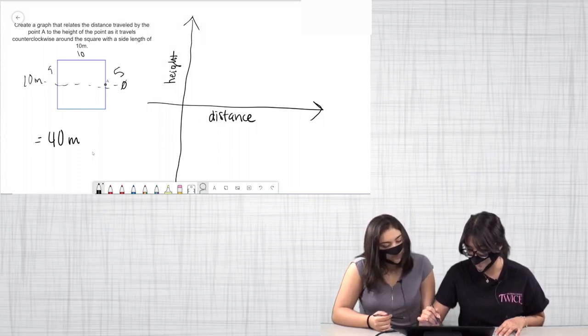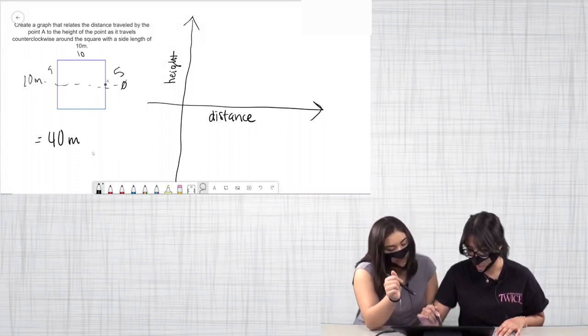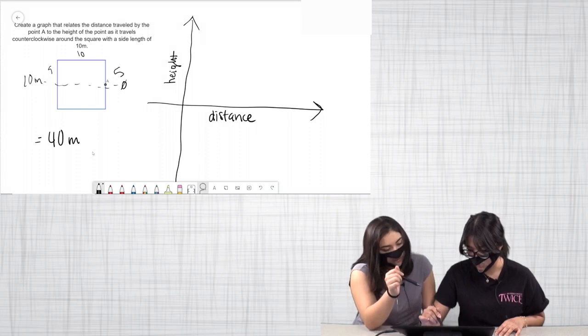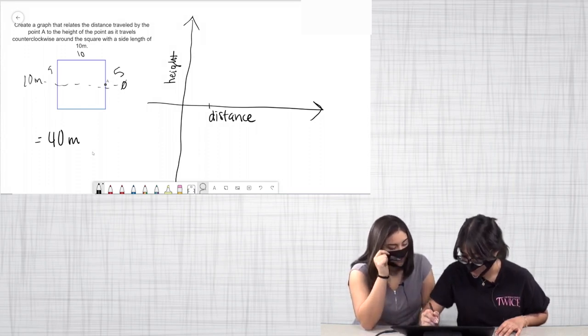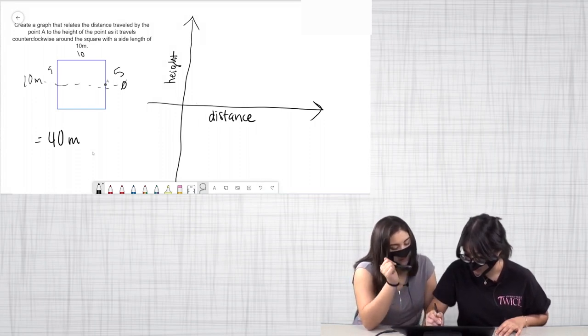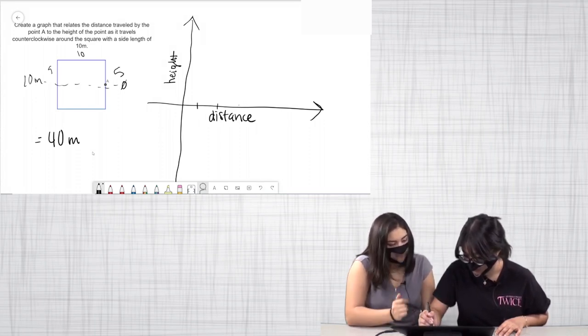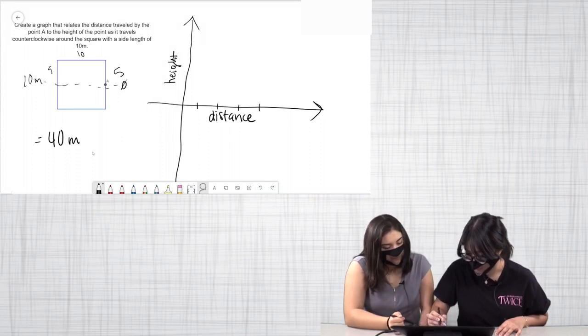How do we do this? So, distance traveled is 5 first. So let's do, right here. 2 and 5s.